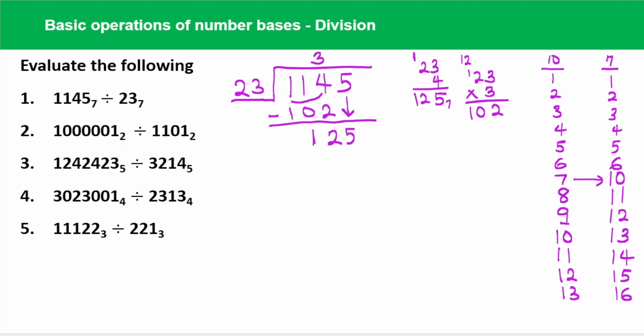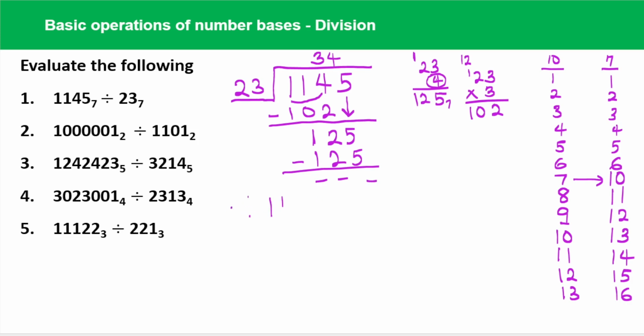We bring the last digit here, and then again we do 2 3 base 7 divide 1 2 5 base 7. So look, we have done that here. 23 goes in 1 2 5 base 7 4 times, so we have 4 here. So 4 times 2 3 will give us 1 2 5. So minus, there will be no more remainder.